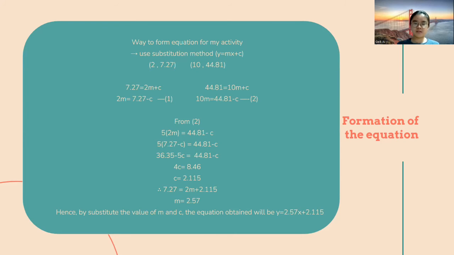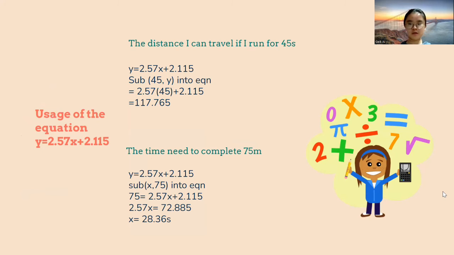And lastly, by substituting the value of m and also the value of c, the equation I obtained for my running process will be y equal to 2.57x plus 2.115. So based on the activity, I have obtained that the equation is y equal to 2.57x plus 2.115.